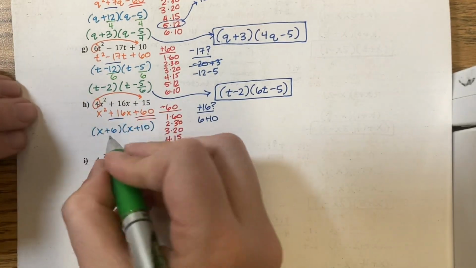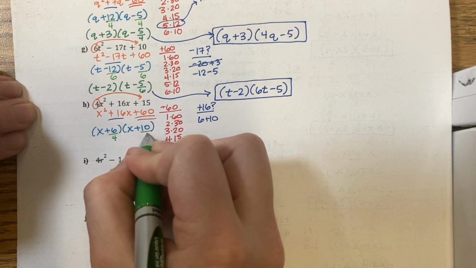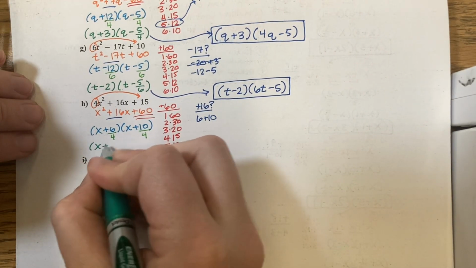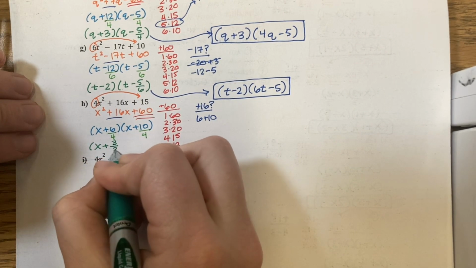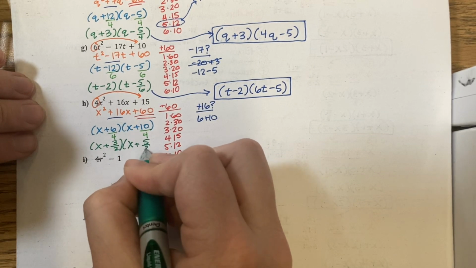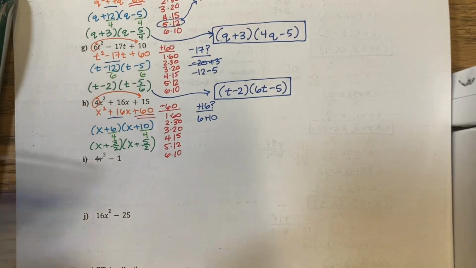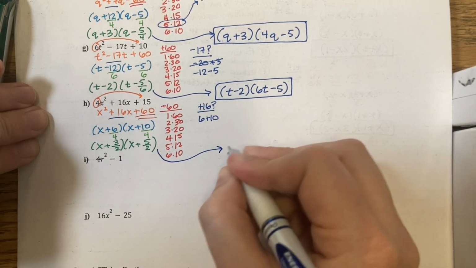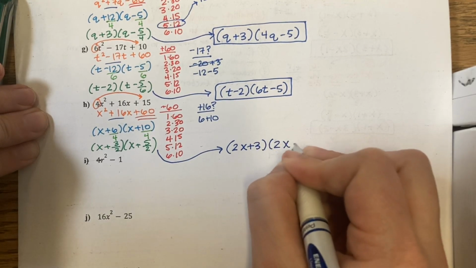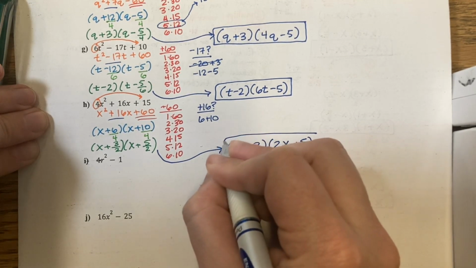Then I divide by the front number and reduce it. This cut in half would be 3/2. This reduced would be 5/2. Then I fix: 2x plus 3, 2x plus 5.